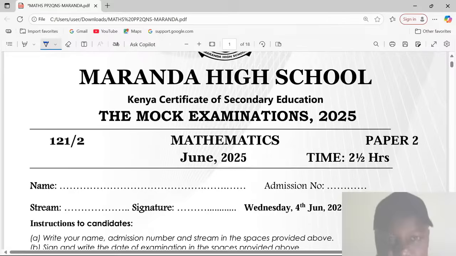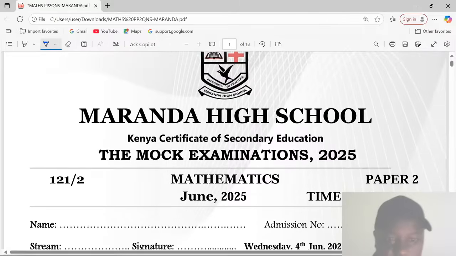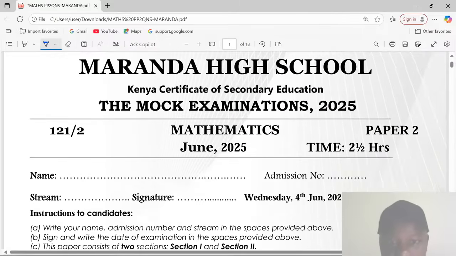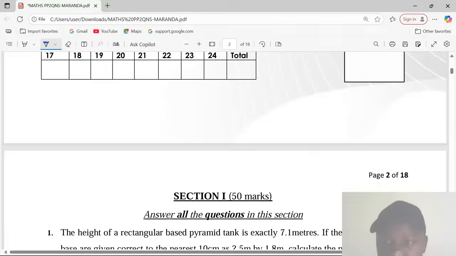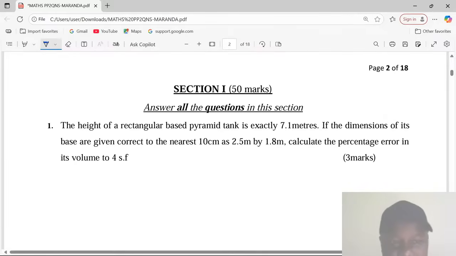Let's see the Maranda High School 2025 mock. Let's see what they have in section 1. Number 1, the height of a rectangular based pyramid is exactly 7.1 meters.